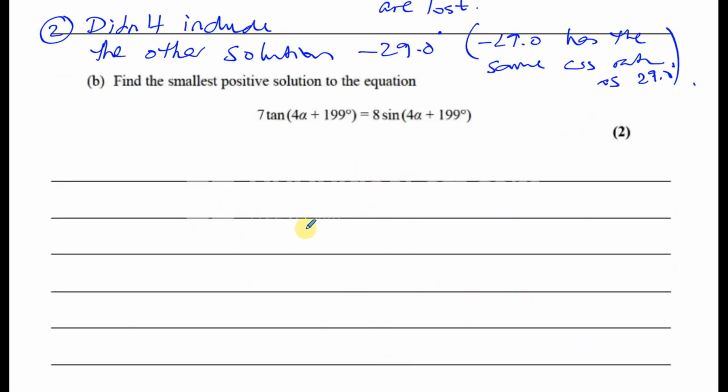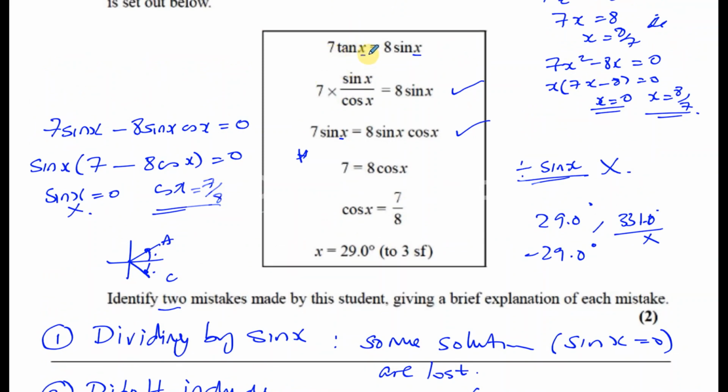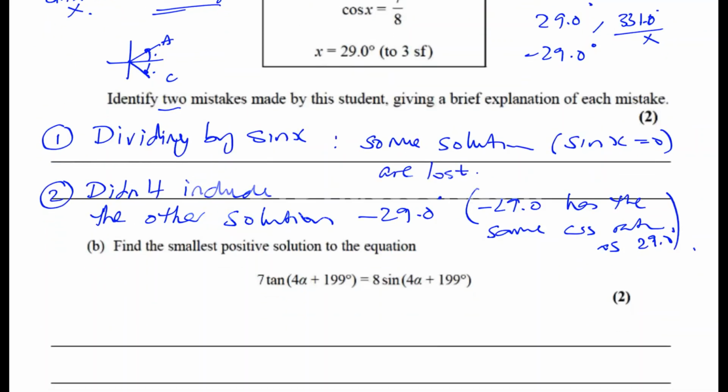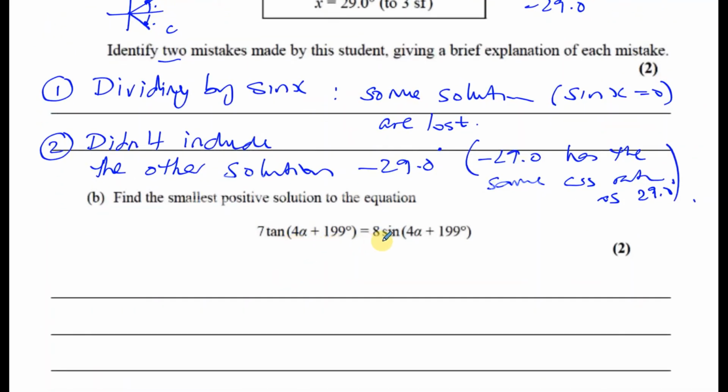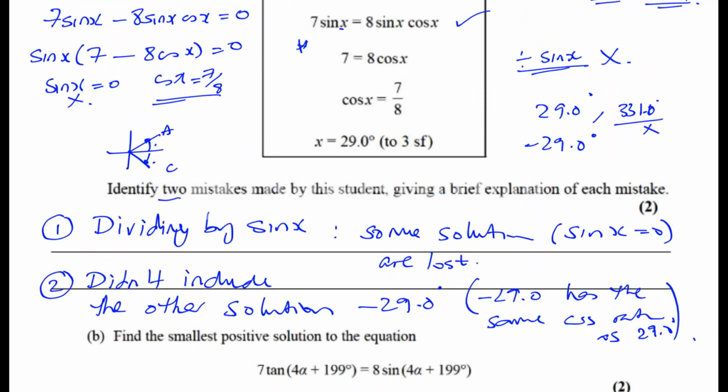Now for part 2b, find the smallest positive solution to this equation. This is related to the previous question because we start off with the same thing: 7 tan of an angle equals 8 sine of the same angle. So we can use these solutions. We should have had sine x equals 0 and cosine x equals 7 over 8.